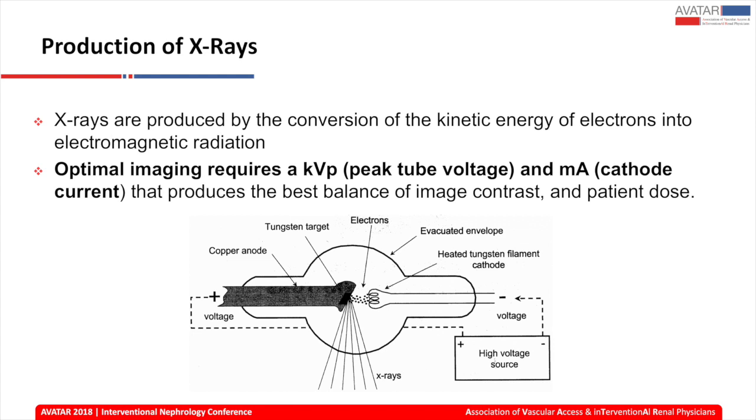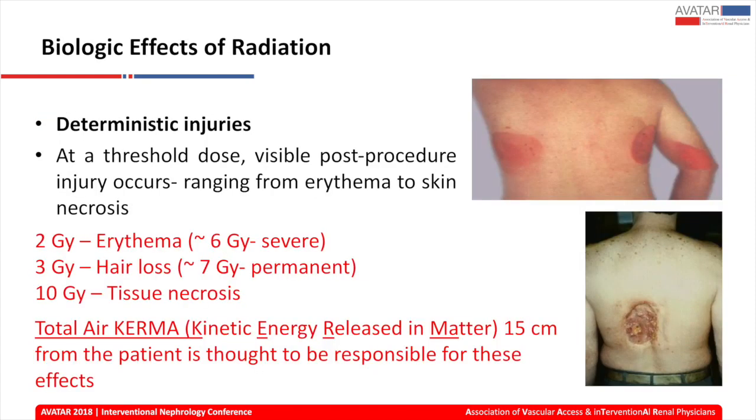X-rays are produced when the kinetic energy of electrons is converted into electromagnetic radiation, and you need a good kVp, the voltage, to get a good image, while keeping the current much lower so that you do not expose the patient to the harmful effects of radiation. Radiation has a big potential of changing things within the body.